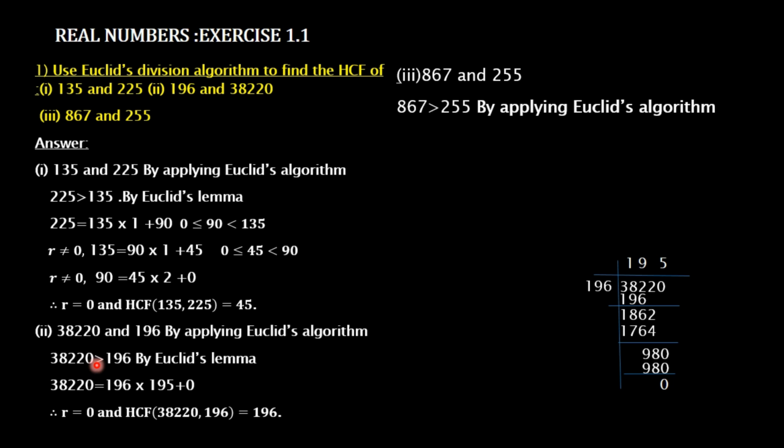By applying the algorithm, here we can use mind calculation. 255 into 3 will be our quotient, because 255 into 4 will give a number greater than 867. That is, we will get 9 in the third place by multiplying it by 4. So we can choose 255 into 3. That is 867 equals 255 into 3 plus 102.